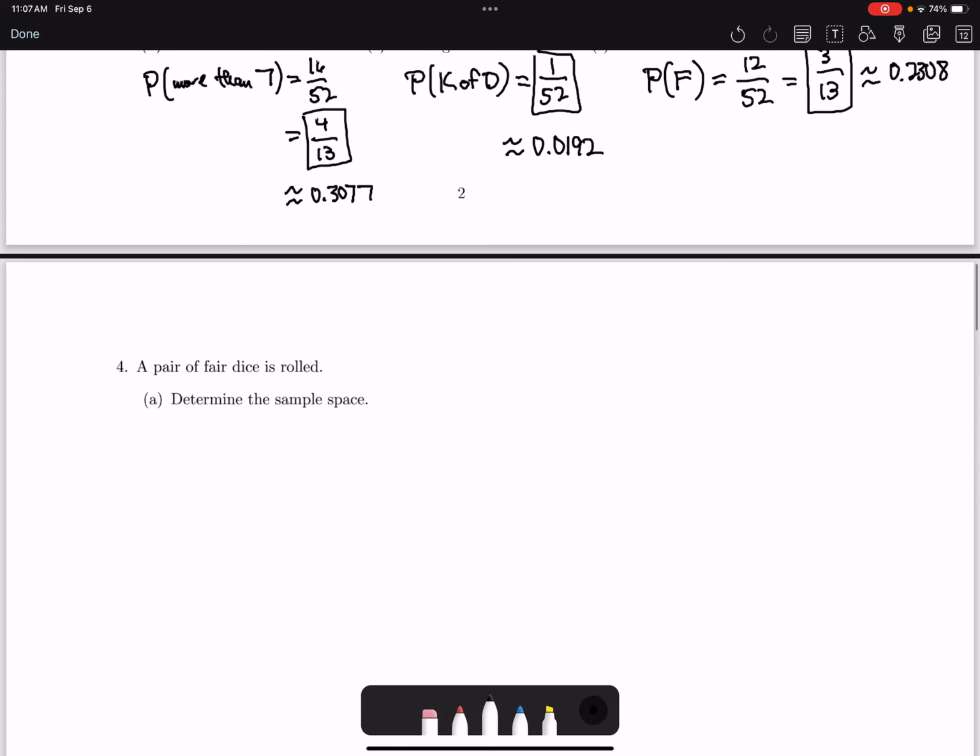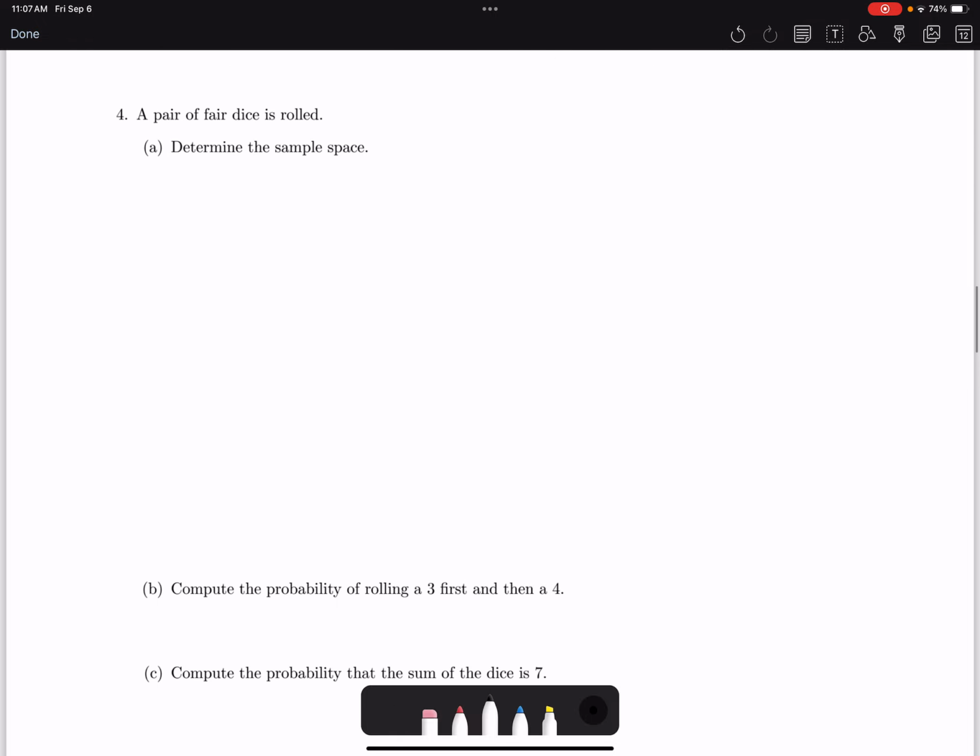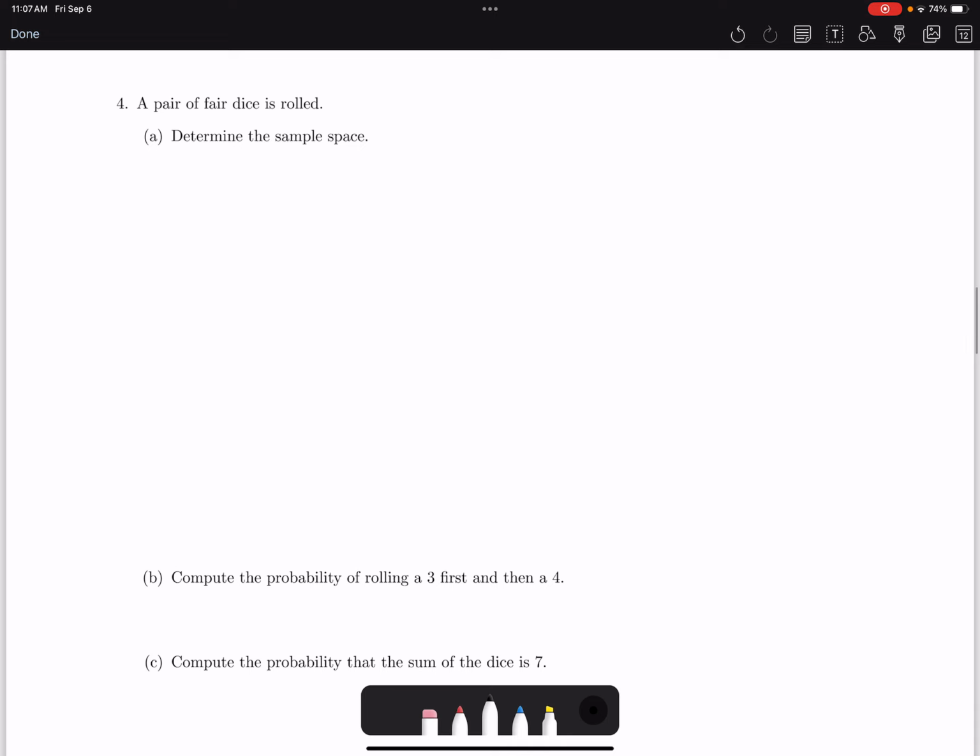We also will encounter sometimes some probability questions about dice. So let's practice with that. Part number 4 here says a pair of fair dice is rolled, and part A asks us to determine the sample space. Remember, the sample space from page 1 of the notes is all of the possible outcomes.